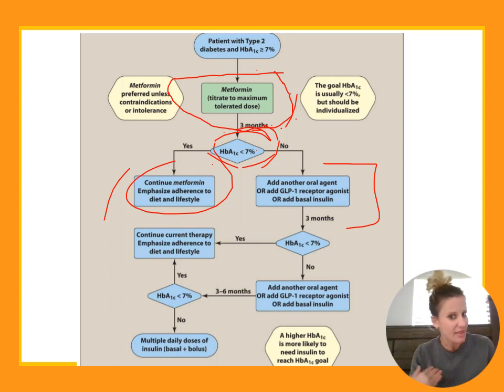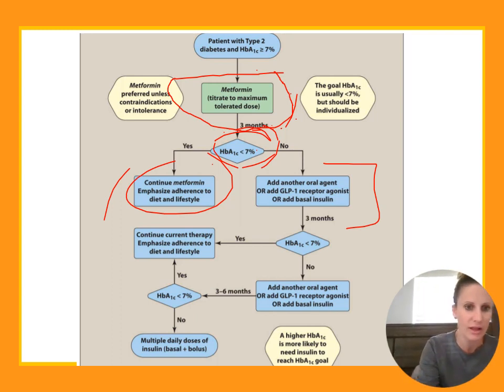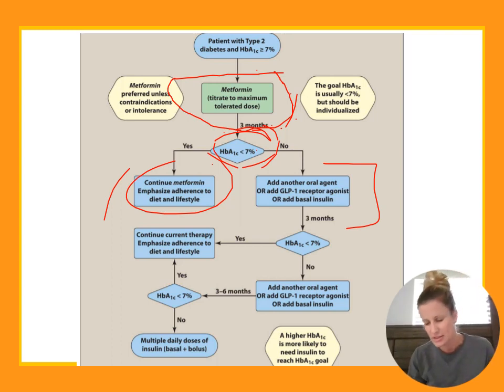Wait 3 months and then check, are they at goal or not? If they're at goal, again, continue emphasizing adherence, lifestyle modifications, exercise, diet, etc. If they're not at goal, then add another agent or add a GLP-1 agonist, and we continue in this fashion.